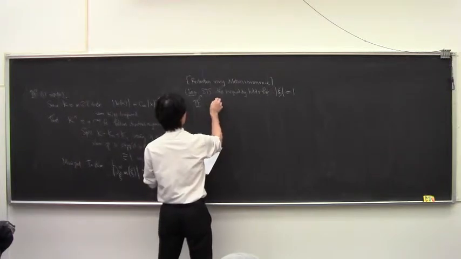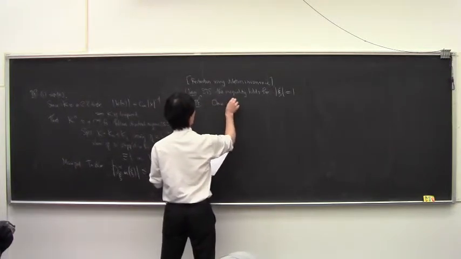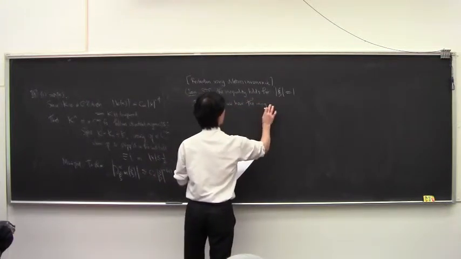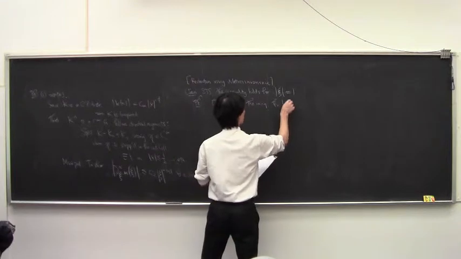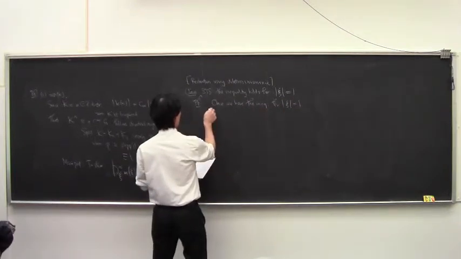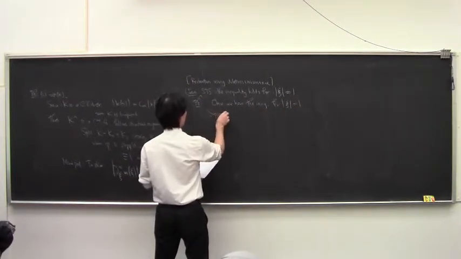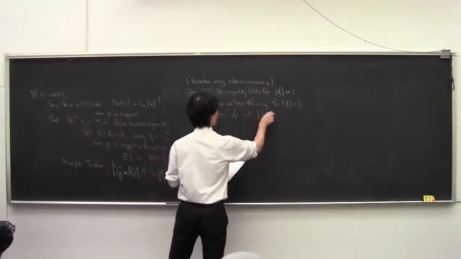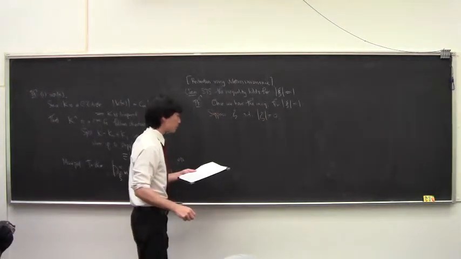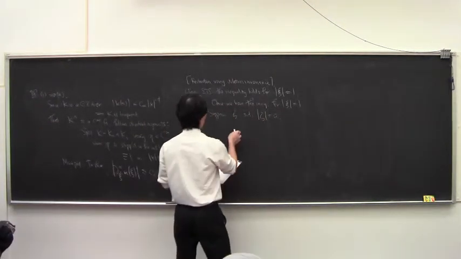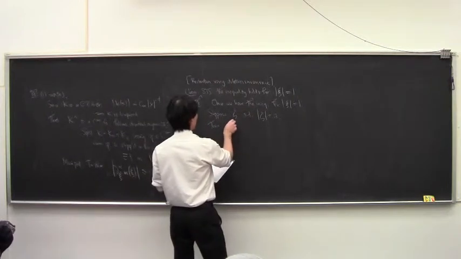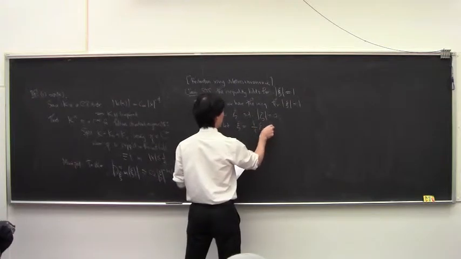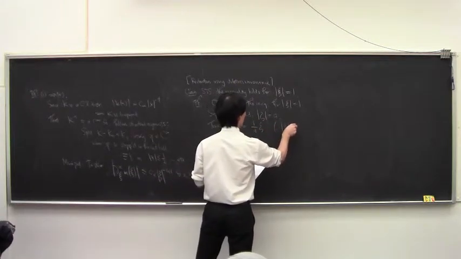Suppose we have the inequality for C equals 1. Then suppose you have some zeta of size A. Then let C of course be 1 over A times zeta. Then of course C is size 1.